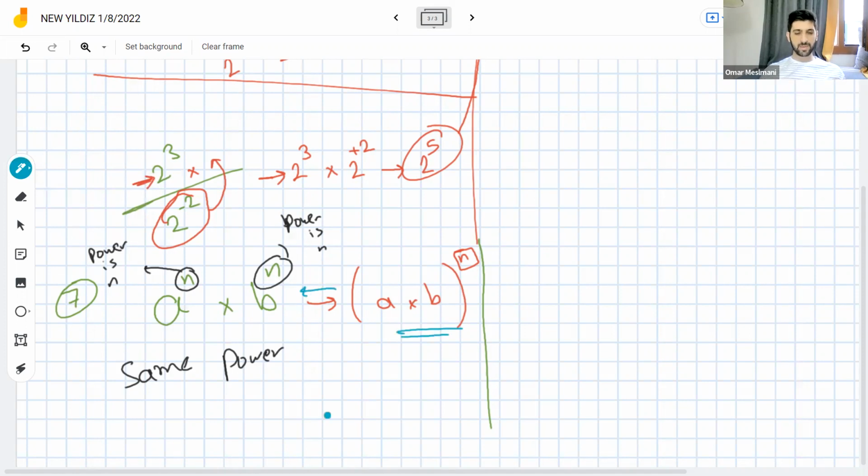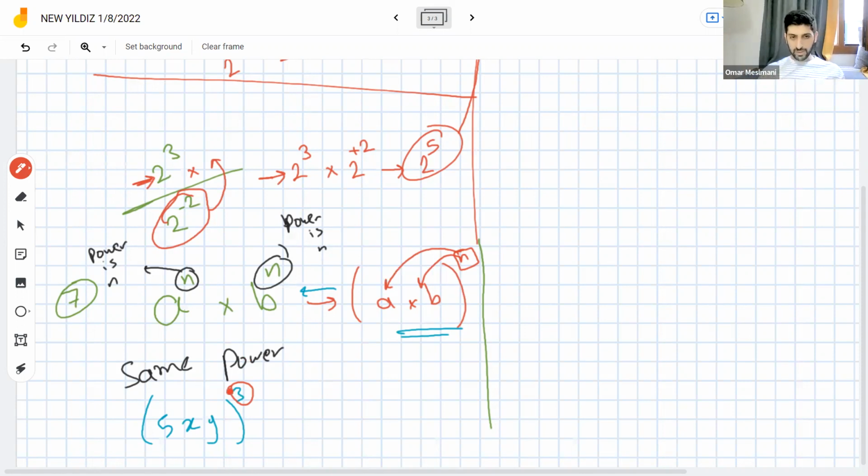What do I mean by this? Sometimes you will see, I have 5xy power 3 as an example, and I'm looking to simplify this expression. So you take this 3, you distribute the power, same as I'm doing here. Right now I have an n, so I can distribute the power n for A and for B. If you have C multiplied by C, you distribute it for C. If you have multiplied by D, E, I don't care, as long as inside the bracket, it is only multiplication, all right?